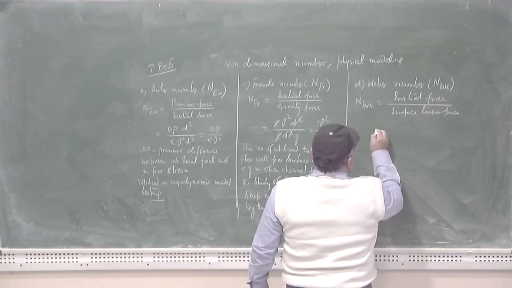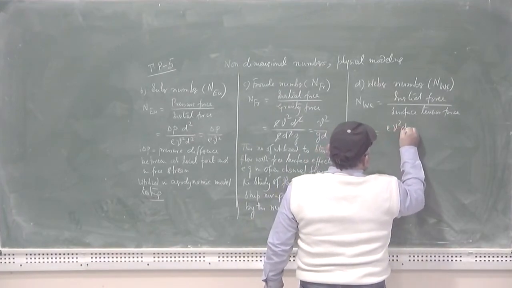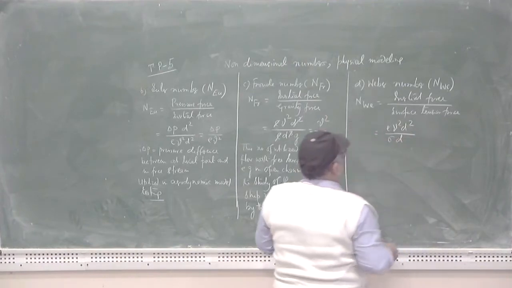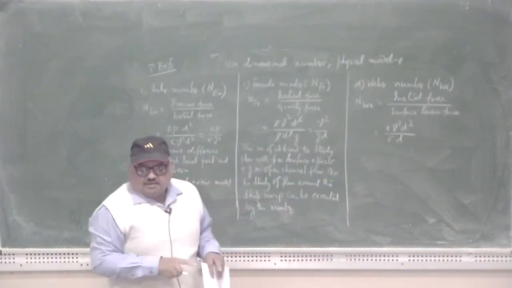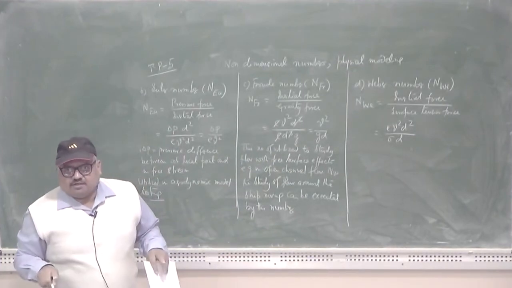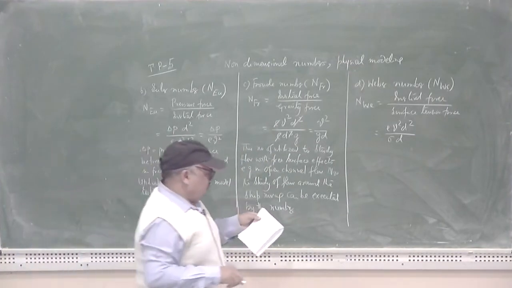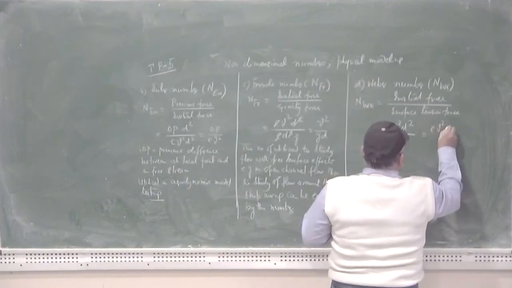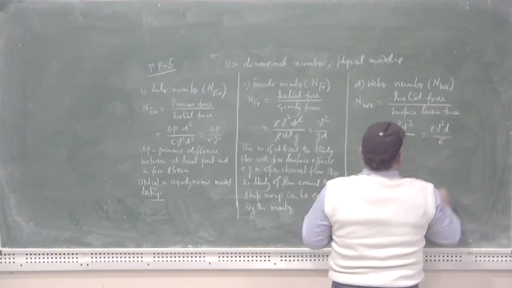So the inertial force will be rho v square d square, divided by the surface tension force, which is sigma into d, because surface tension is a force which is measured along the length of the film. So that is equal to rho v square d divided by sigma.